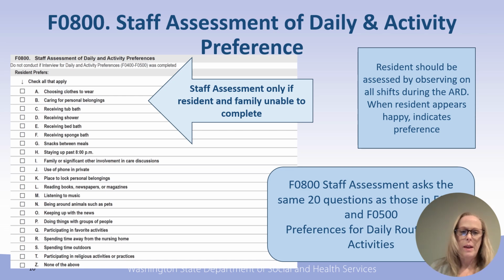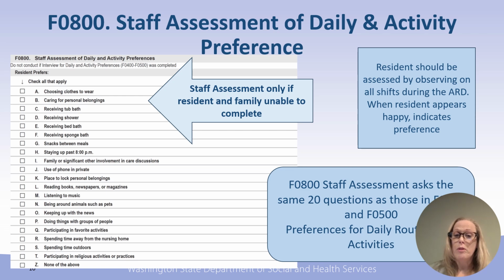For item F0800, this is the staff assessment of daily activities and preferences. This is done with staff only if the resident is not able to and the family is not able to complete the interview. The staff should answer the questions based on resident observations during the ARD. Observations should occur over all shifts.